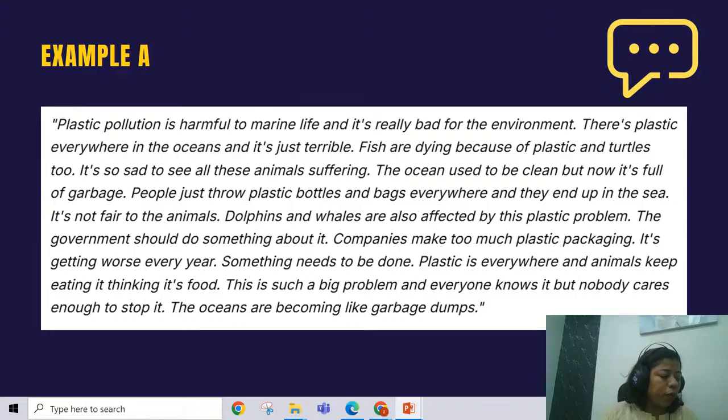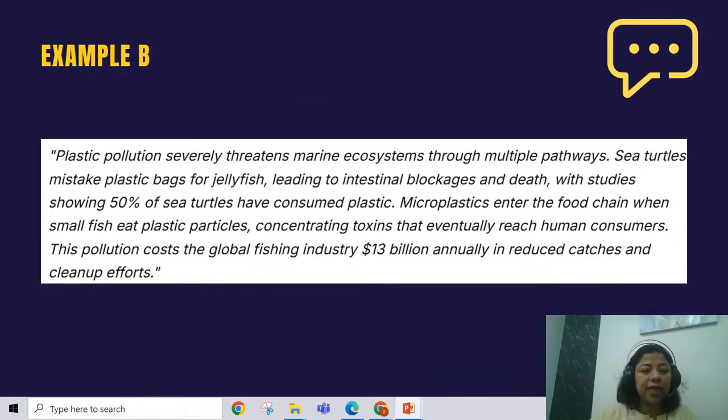Okay, moving on to the next example, that is example B. Plastic pollution severely threatens marine ecosystems through multiple pathways. Sea turtles mistake plastic bags for jellyfish, leading to intestinal blockages and death, with studies showing 50% of sea turtles having consumed plastic.